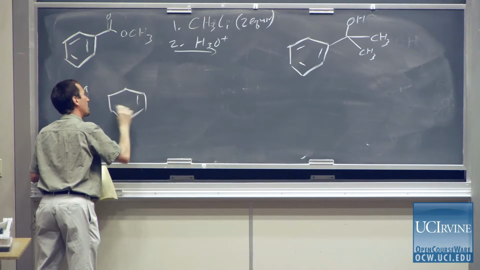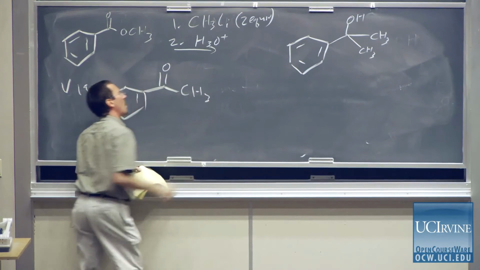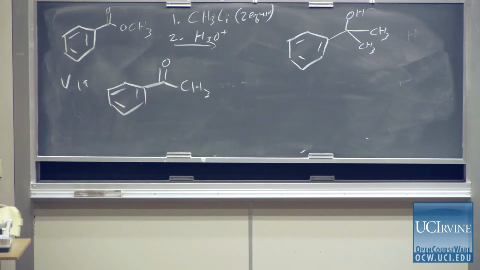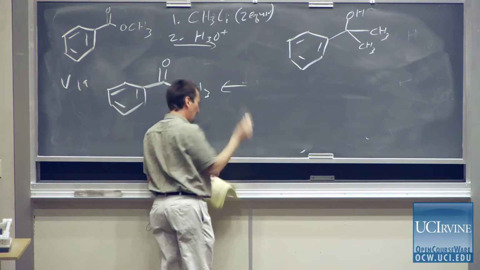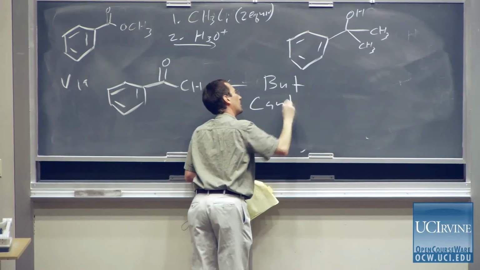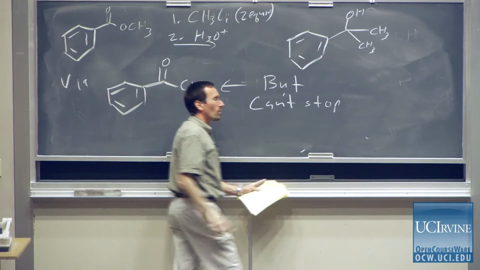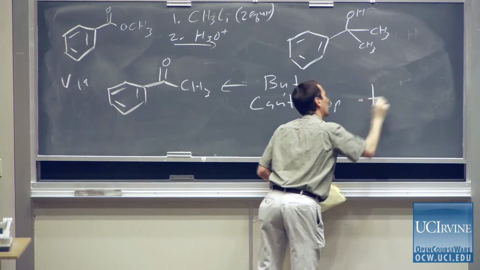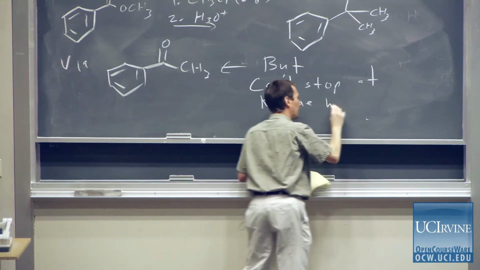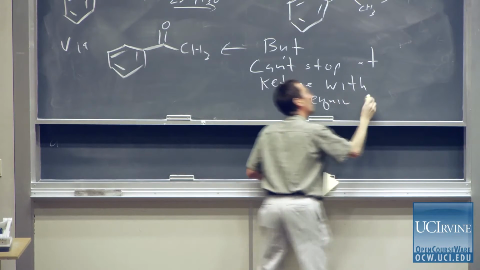We went via benzaldehyde. Here, the reaction's going to go by way of the ketone called acetophenone. But just as in the case of the other one, we can't stop at the ketone with one equivalent of methyl lithium.